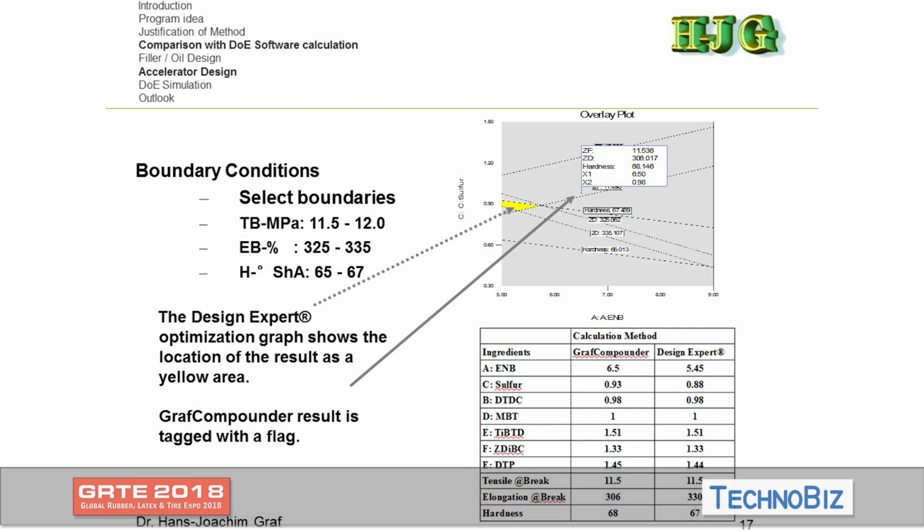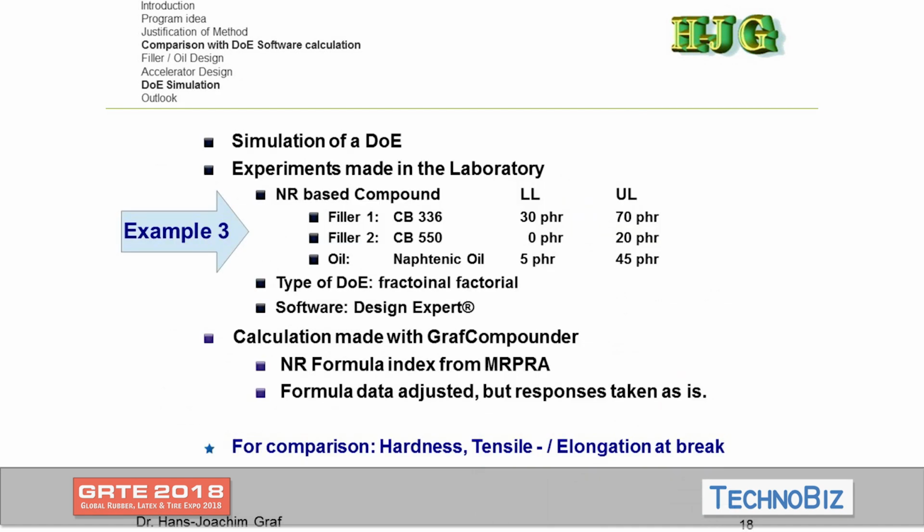But when you go again in the optimization from both sides, you see here that this is a prediction area from the statistic experimental design software, and this is a software result, which is actually one compound, and using unsmooth data again from the compounder software. And when you really see that as an experienced compounder, you will again say it is inside the measurement error. So we are so far fine with that.